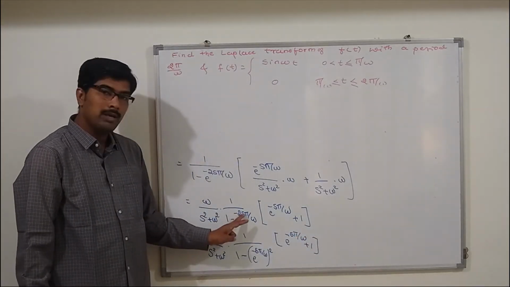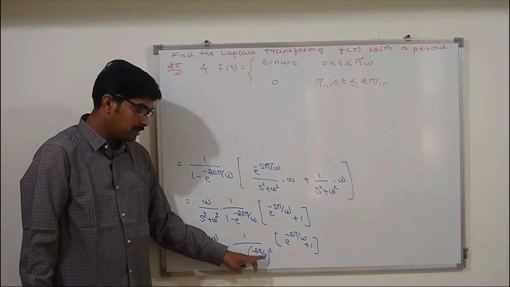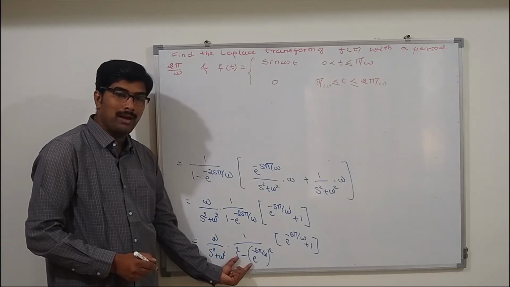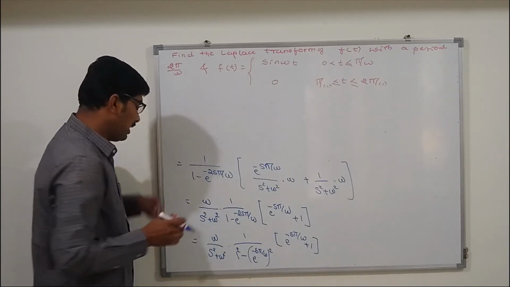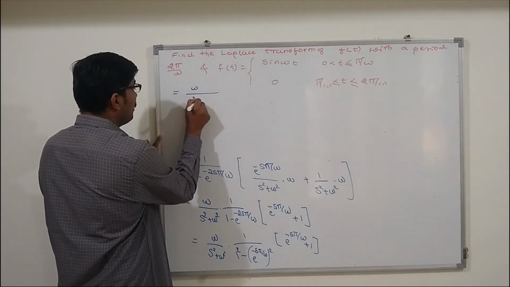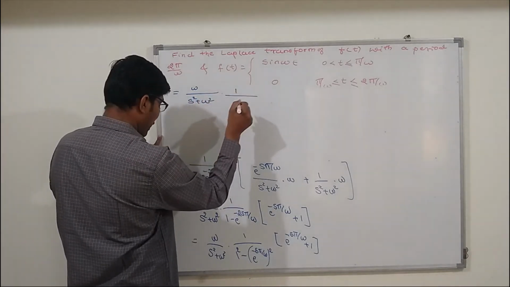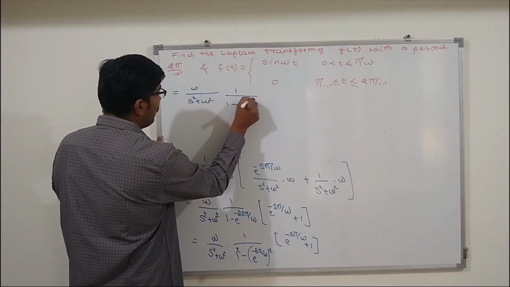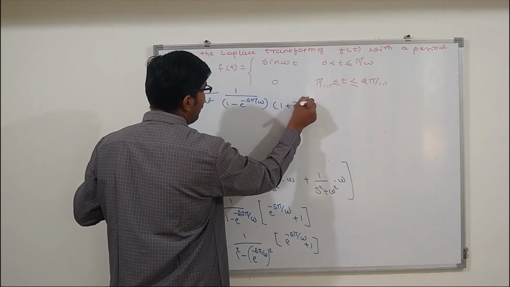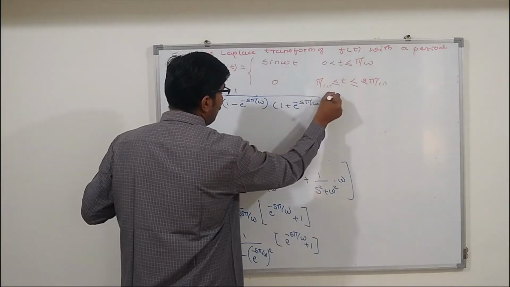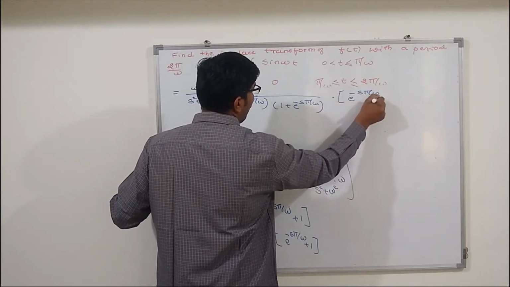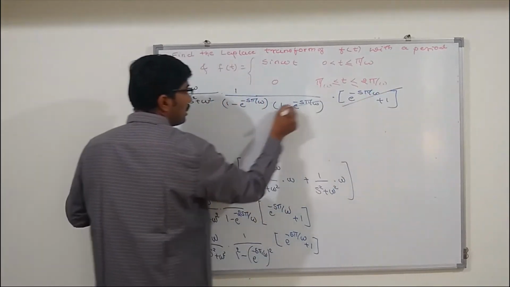e raised to minus 2s pi by omega, which we can also write as e raised to minus s pi by omega whole square, into e raised to minus s pi by omega plus 1. So this 1 also we can write as 1 square, which is in the form of a square minus b square, which has two factors, a plus b and a minus b. So we can write it as omega divided by s square plus omega square into 1 divided by 1 minus e raised to minus s pi by omega and 1 plus e raised to minus s pi by omega, into this bracket term, e raised to minus s pi by omega plus 1, where these two terms get cancelled.